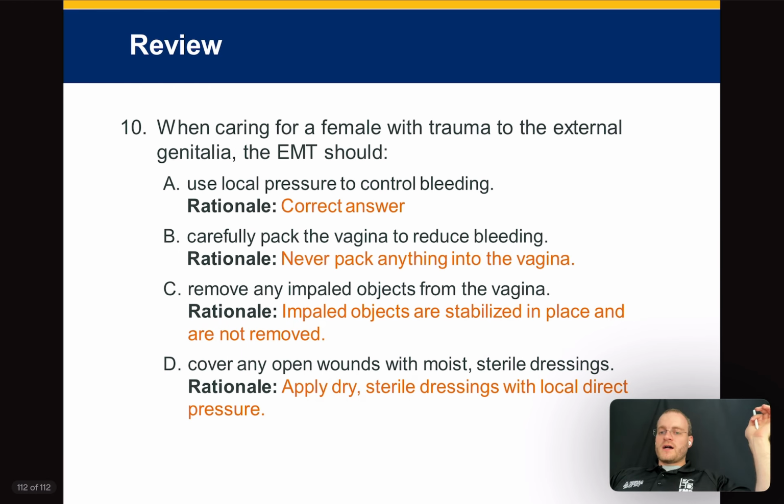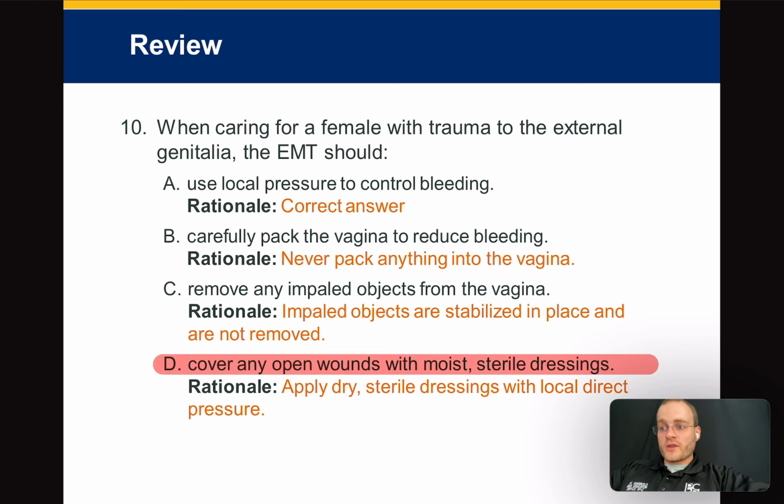Now, I remember this one, the one that I chose that was wrong is for like a penis issue. You can use it for an avulsion where the skin got rubbed off on the penis. So you caught it in 4K, folks. Got one wrong. Contrary to popular belief, I'm not perfect. I'm just kidding, but seriously. So anyways, the correct answer is use local pressure to control the bleeding.